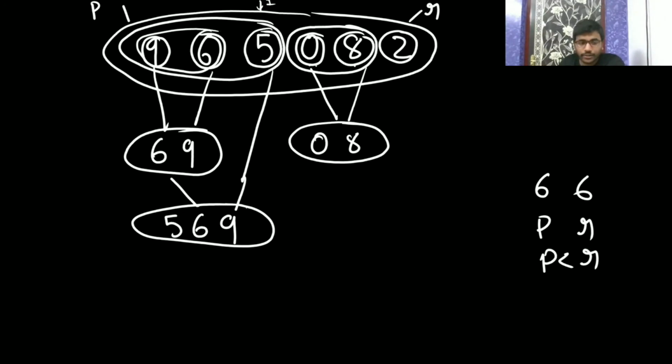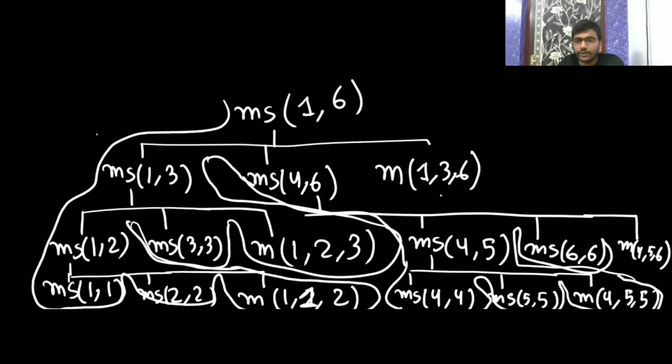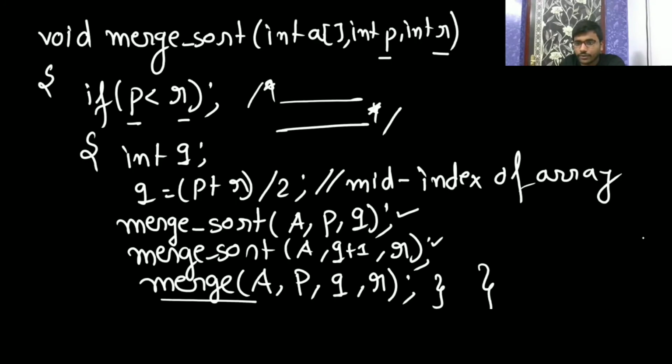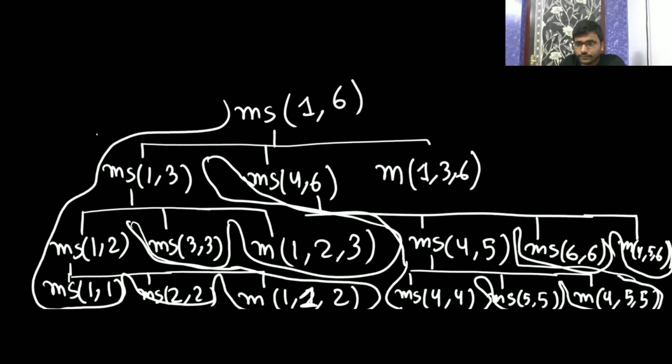Okay. So now this is the list, and these two you are going to merge. After that what is it going to do? After that you are going to call merge on 4 5 6.